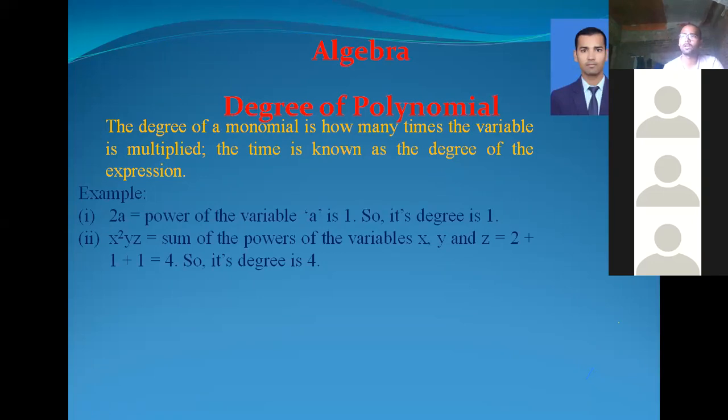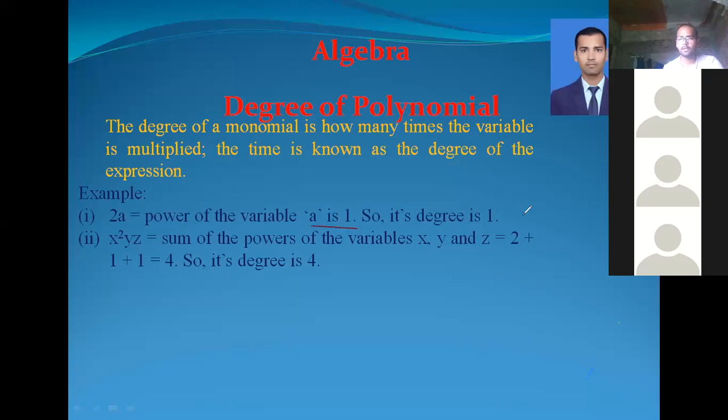There is given the coefficient 2, but there is no power, so we can consider that the power of a is 1. Because of only one term, we don't need to find the other steps. That's why the degree is 1.